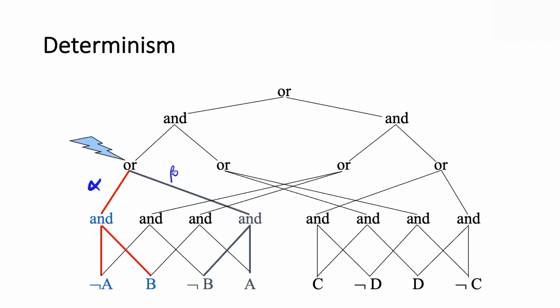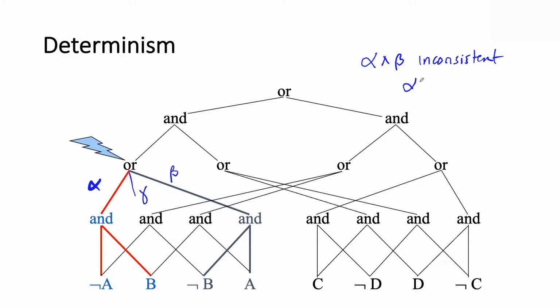One way to look at this is to say that alpha and beta should be inconsistent, or unsat. Another way is to say that they shouldn't share models. And if I had a third child, say gamma, then this should hold for every pair of them.